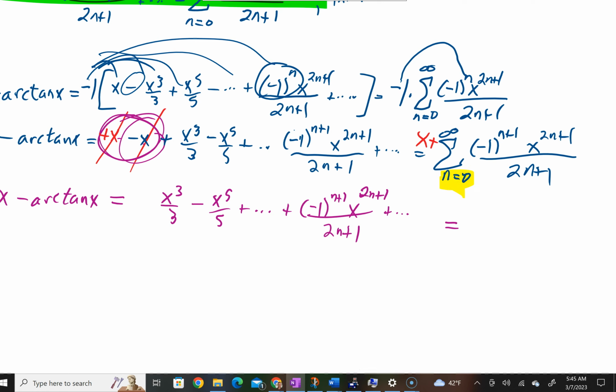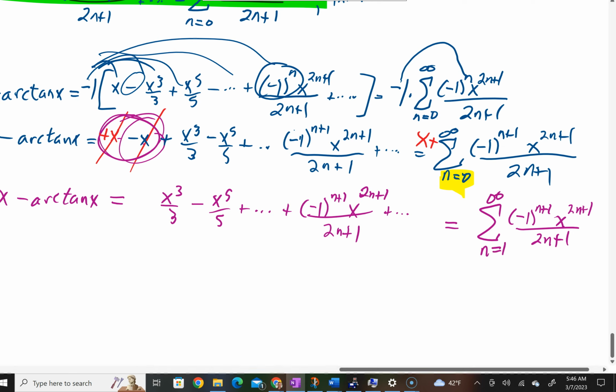So look at this. I'm going to right now say, hey, I've got negative 1 to the n plus 1, x to the 2n plus 1, over 2n plus 1. But I'm going to make a bold claim and say I lost the 0 term. Now I'm just going to have n equals 1. Double check if that's right.